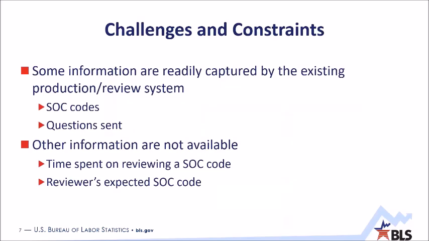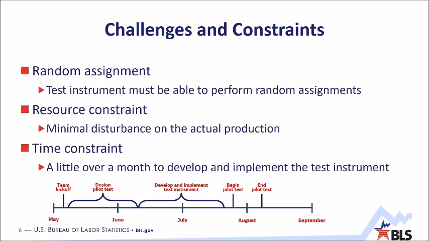First, some information was readily available in our currently existing production and review system, such as what the SOC code was, and indications of whether a question had been sent out to the data coders or not. But the other information that we wanted, like the time participants spent on reviewing the SOC codes, as well as what the reviewer thought the correct SOC code was, were not being captured in the existing system. So those are something that we had to overcome.